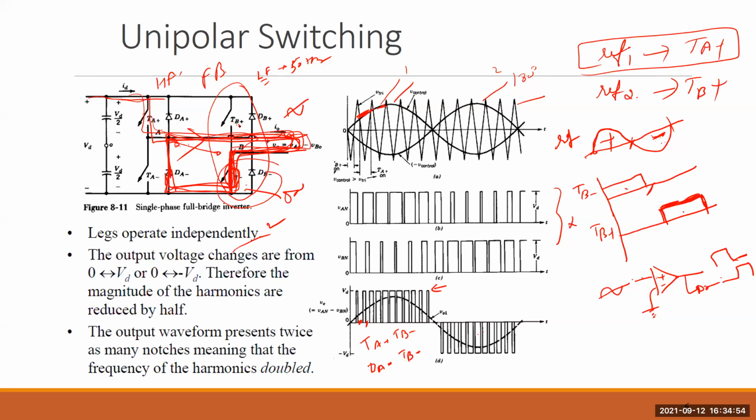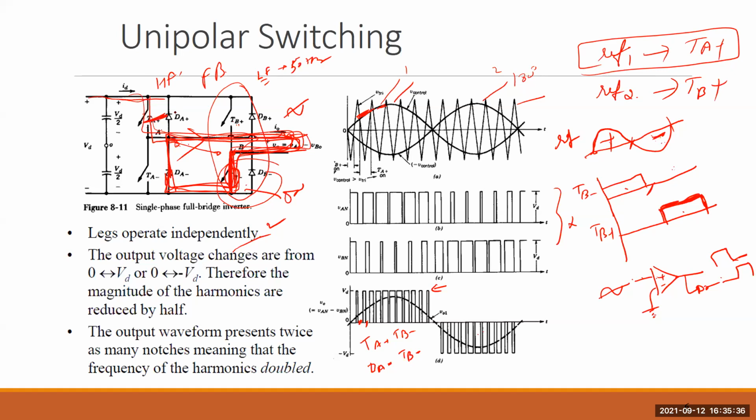TB plus is on, and now basically this is high frequency, right? Now TA minus is doing high frequency switching, and TA plus is completely off in the second half.